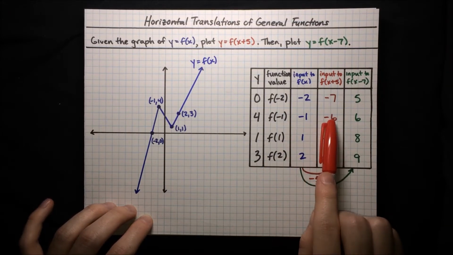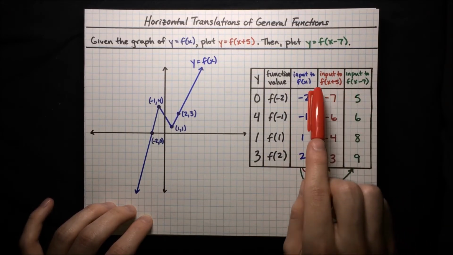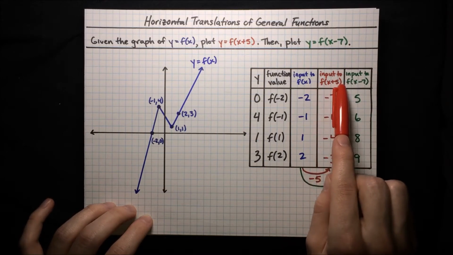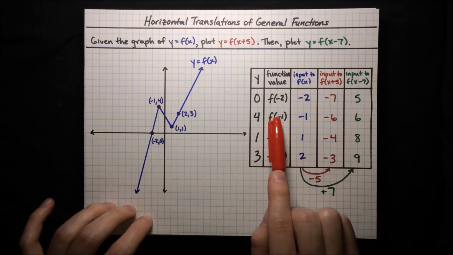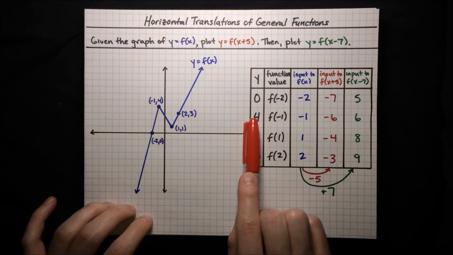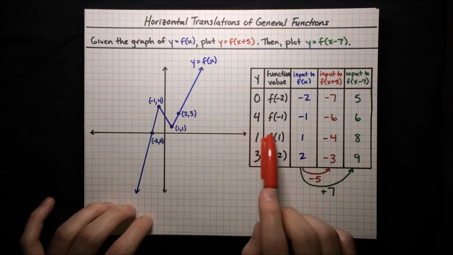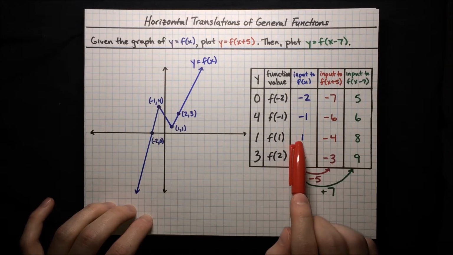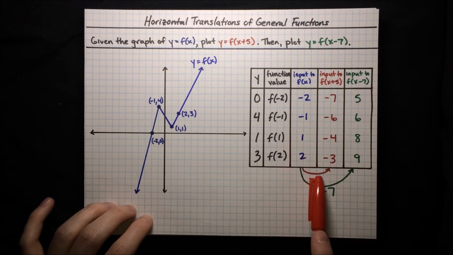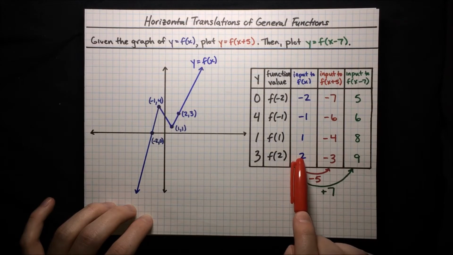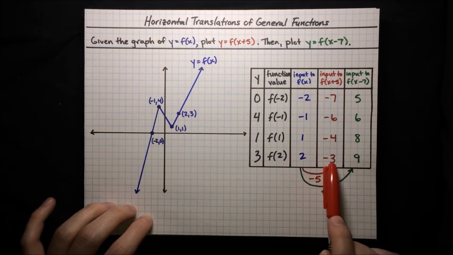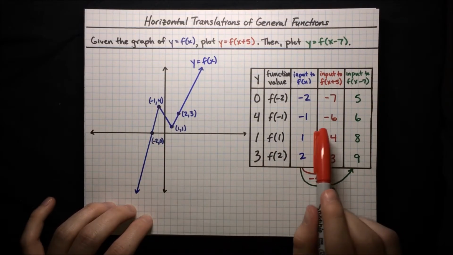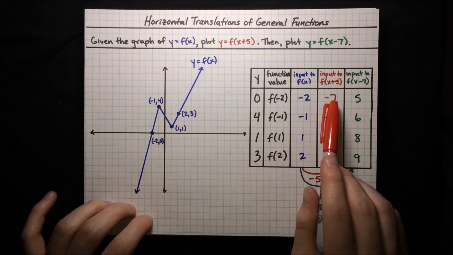So that way when we plug it into that function, f of -6 plus 5 is just f of -1, and that gives us the original y value. Okay, so bottom line, we're just subtracting from the x values here. 1 minus 5 is -4, 2 minus 5 is -3, and so on. So all these points are now shifted by 5 units.